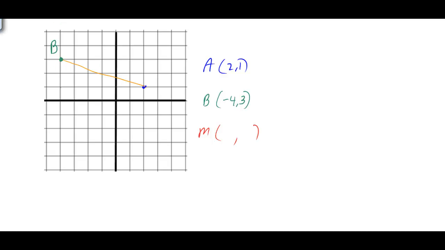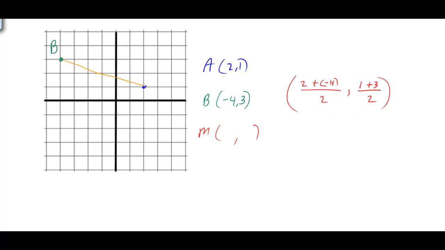So we could certainly go to our formula again, and that says we add our x values. So we take 2 plus -4, divided by 2. Take your y values, 1 plus 3, and divide by 2.